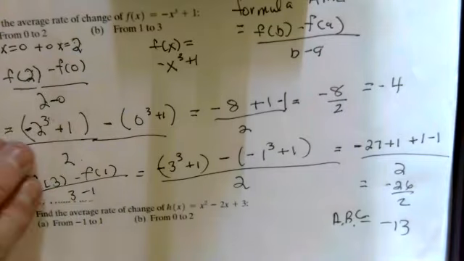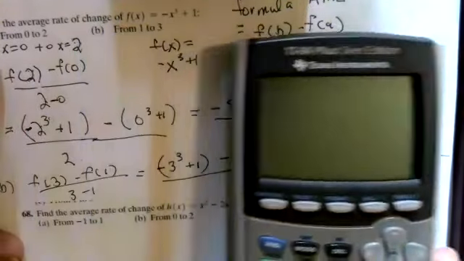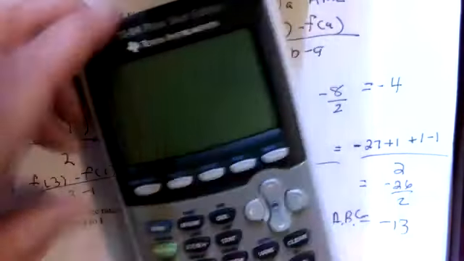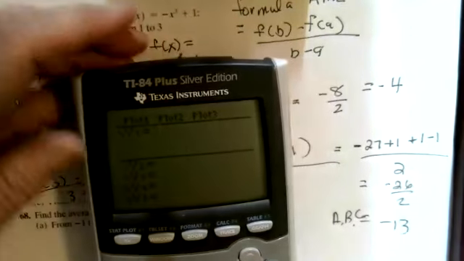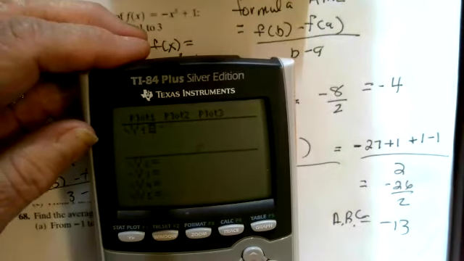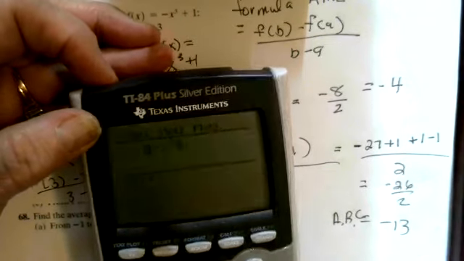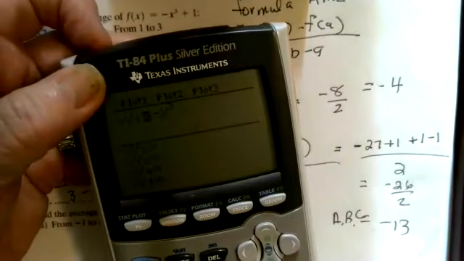If you look at the function, let's just look at the graph of the function real quick. Y equals a negative x, and then I want to cube it, and then plus 1.